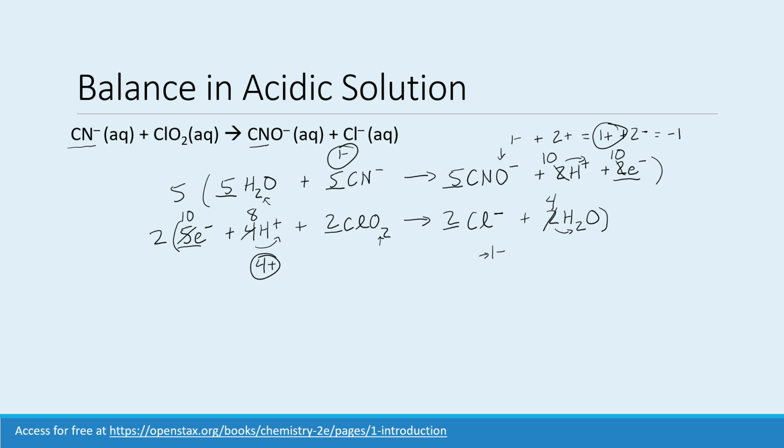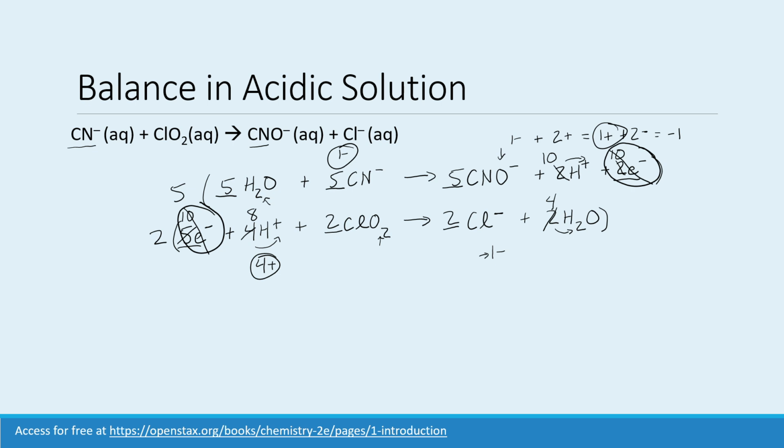Okay, the next step is to add up everything and cancel out anything that's the same on both sides. So depending on how you feel, you might need to clean this up before you do that. But I can see that I should have the same number of electrons on both sides of the reaction. And so those will cancel out.